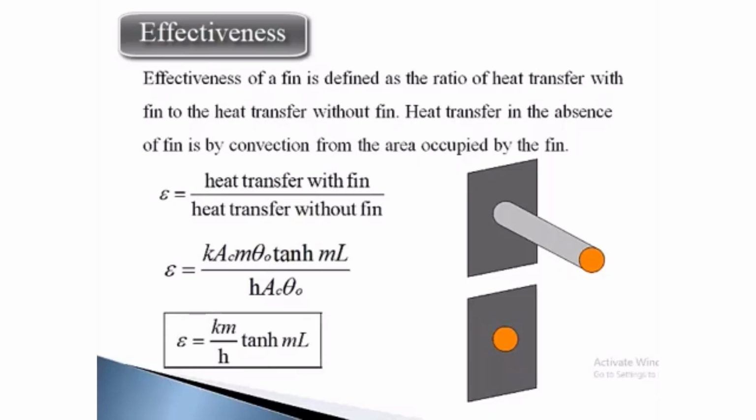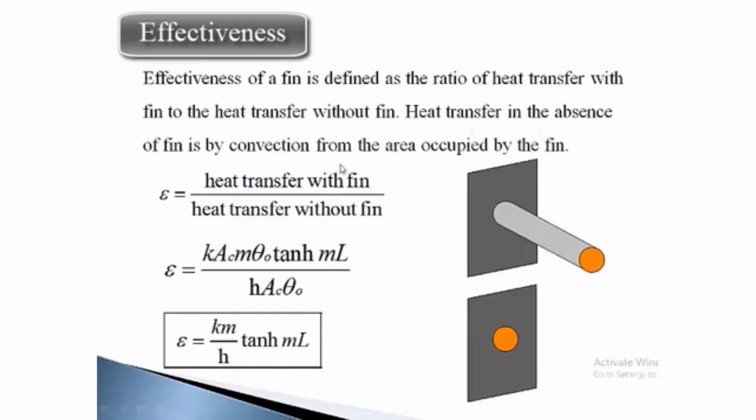So when the end is insulated or heat transfer from the end is negligible, the heat transfer with the fin is kAc theta 0 tanh mL. That is the heat transfer when the heat flow from the end tip of the fin is neglected, assuming that no heat is flowing from the end.